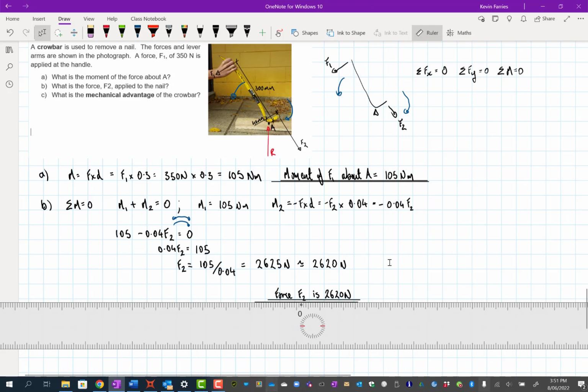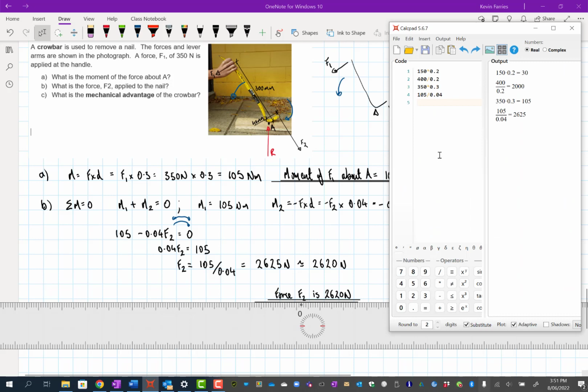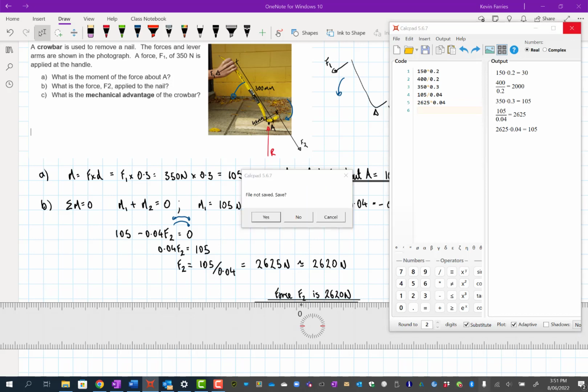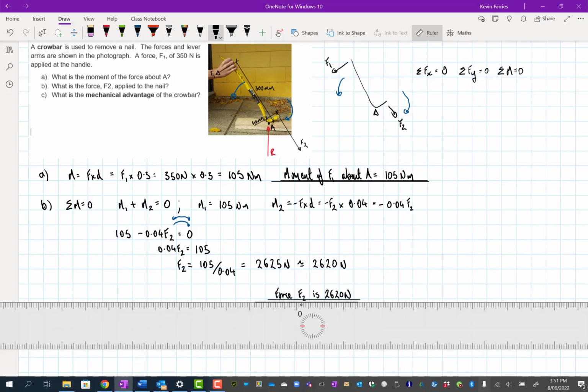So we double check. I'll just do it backwards. So it's 2625 times our lever arm was 0.04 should give us the moment, which is 105, which is what we had before. So just a quick check on that. Sometimes if there's no other way, you can just check things by doing them backwards.